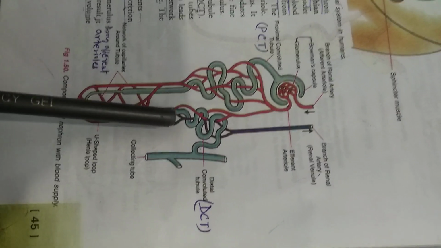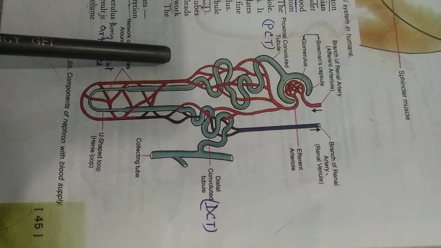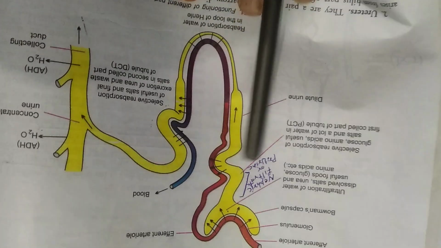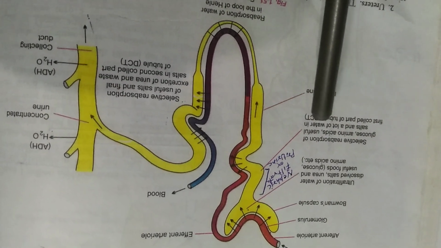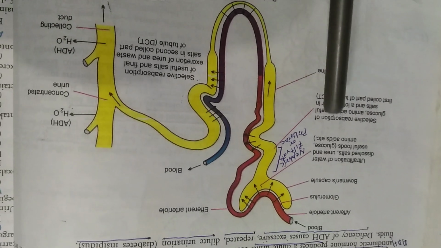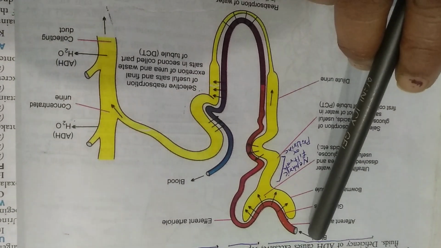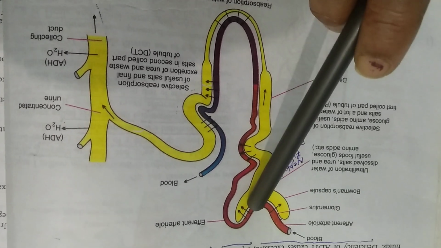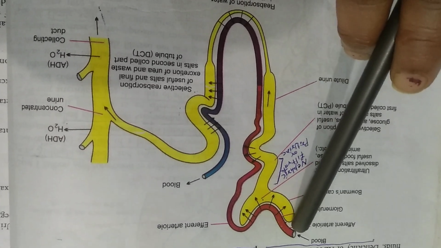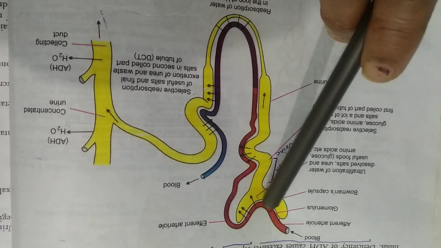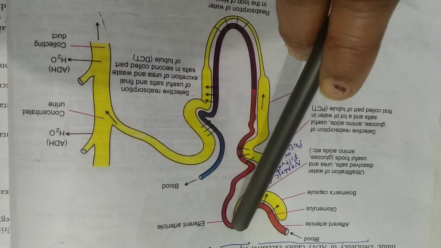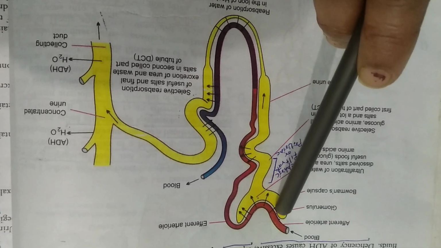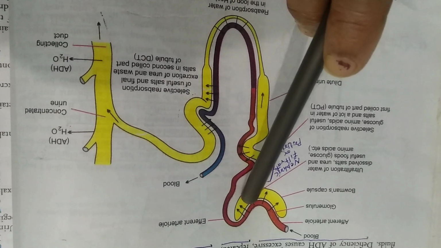Now the next topic is mechanism of urine formation. During urine formation, first of all, blood flows inside the renal tubules through afferent arterioles. Due to narrowness of the efferent arterioles, blood gets filtered into the blind cup-shaped Bowman's capsule.